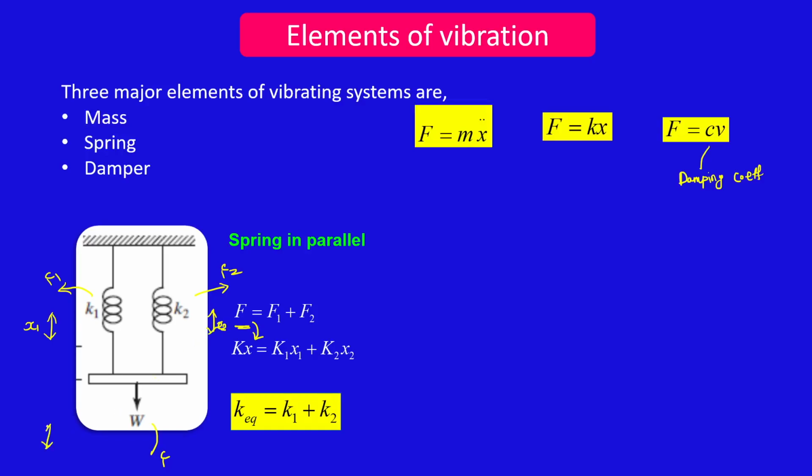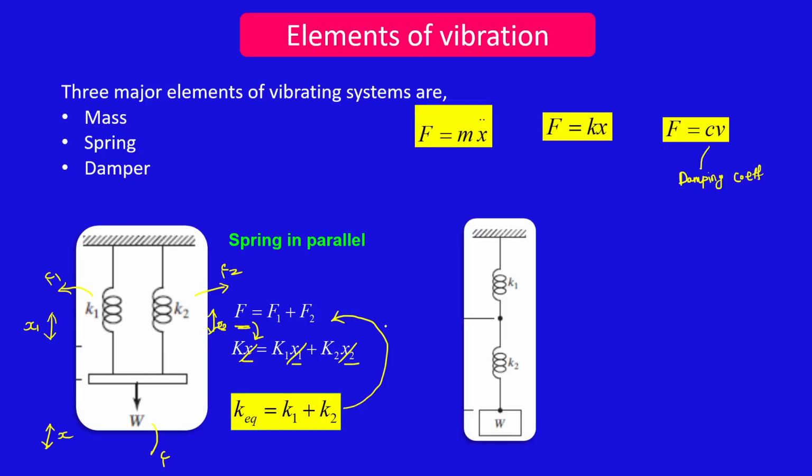So here x equals x1 equals x2. You can cancel this term. Finally, K equivalent equals K1 plus K2. This is the equivalent value of stiffness. There is no need to memorize this formula. You can easily derive it from the free body diagram.